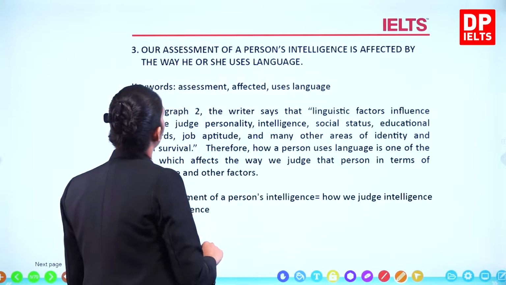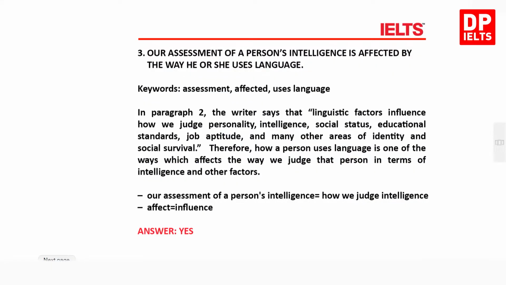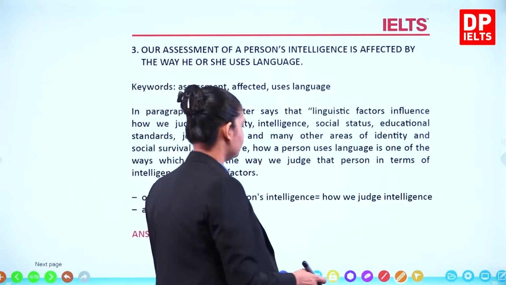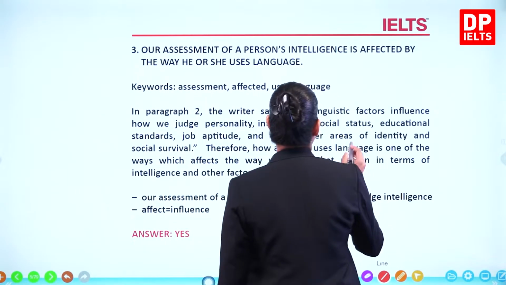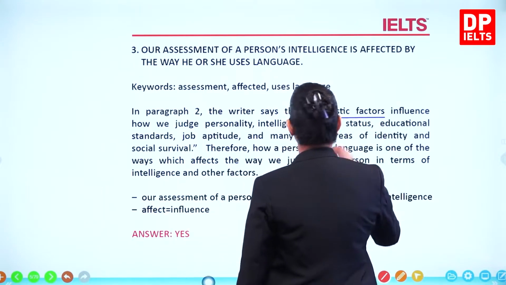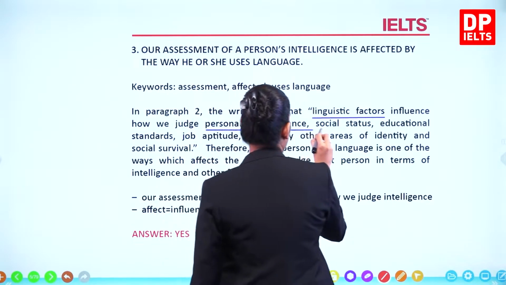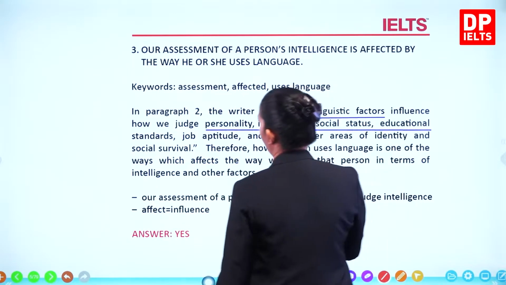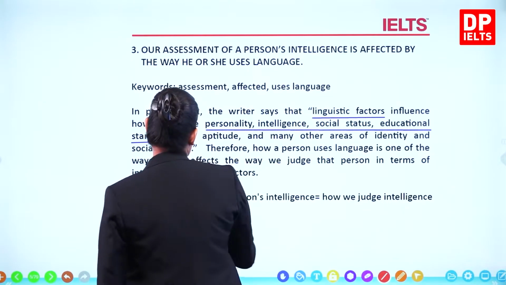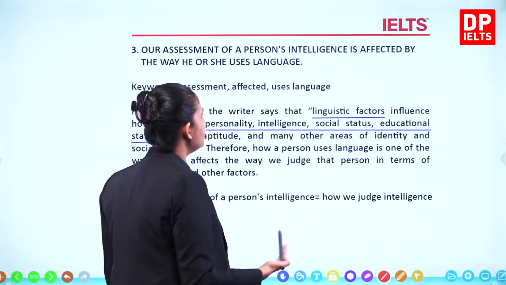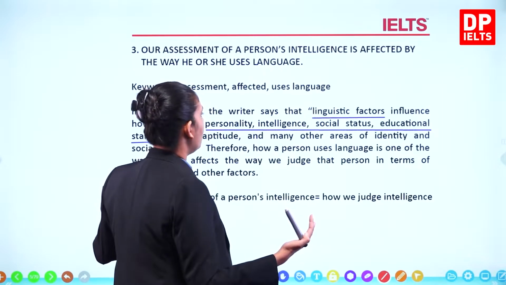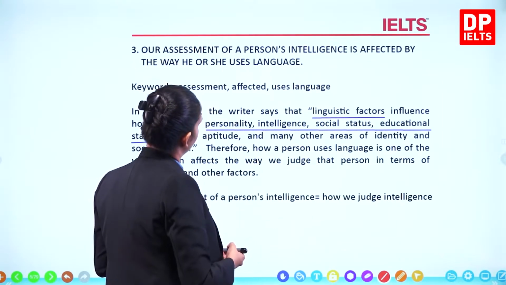Next one. Our assessment of a person's intelligence is affected by the way he or she uses language. Go to para 2. The writer says, linguistic factors influence how we judge personality, intelligence, social status and educational standards, job aptitude and many other areas of identity and social survival.